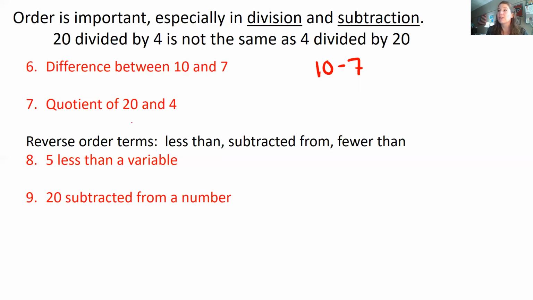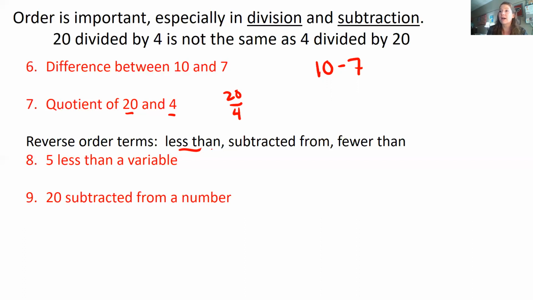The quotient of 20 and 4, we just did that one. The 20 comes first. The quotient of 20 and 4. You can't write the 4 first. That's not right. Now, there are some terms that, if you notice, in the first examples the order of the numbers in the word phrase matches the order of the numbers in the expression.